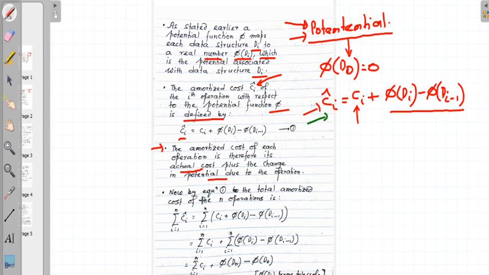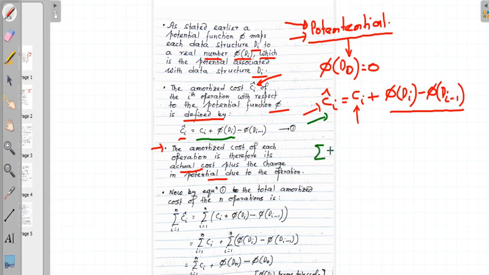Now by equation 1, this is the per-operation amortized cost. We are performing a sequence of n operations, so what will be the total amortized cost?